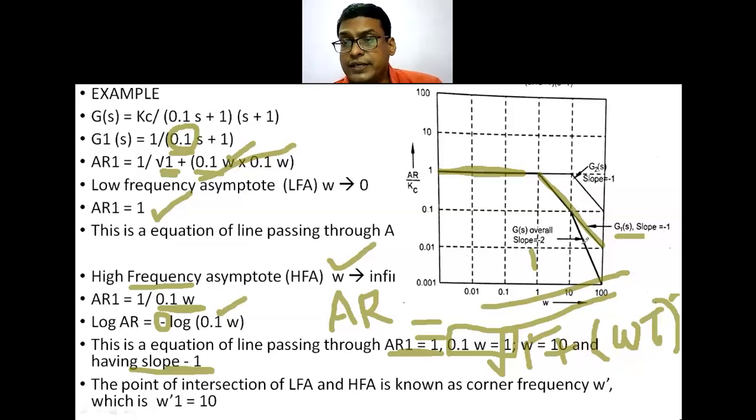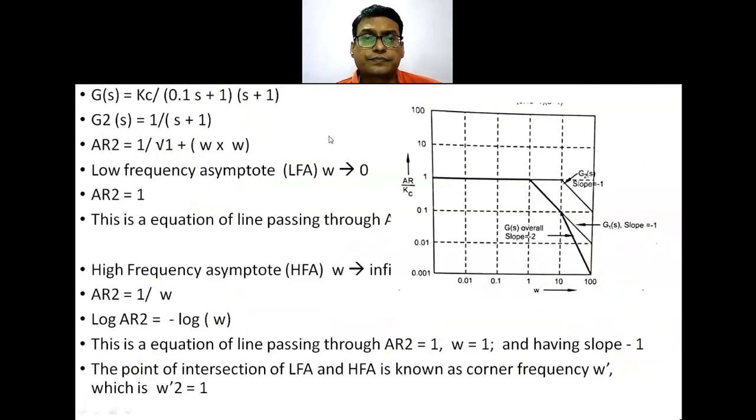Now next is for the second transfer function. This is what we have discussed for this thing. Now we will discuss the second transfer function. So G2(s) comes as 1 upon s plus 1, and so 1 upon the square root of 1 plus omega squared.